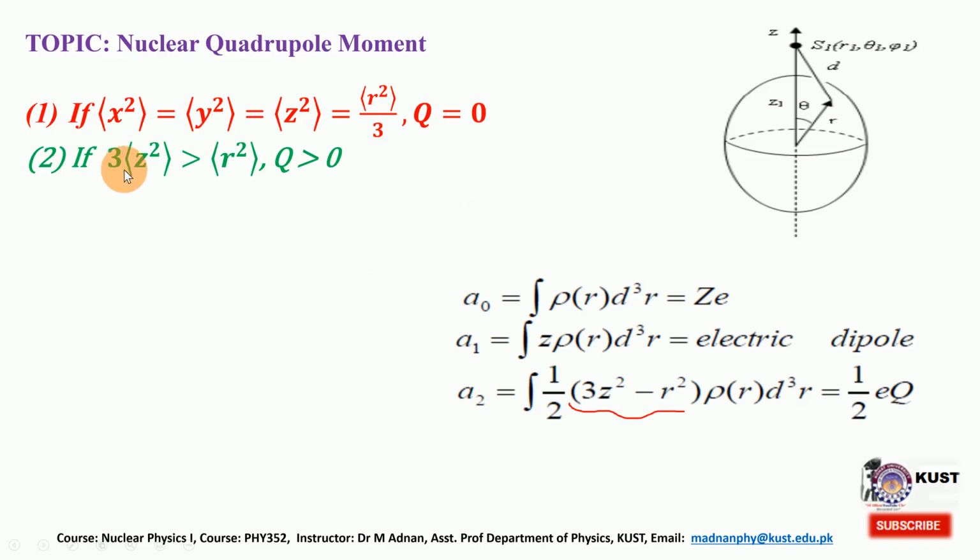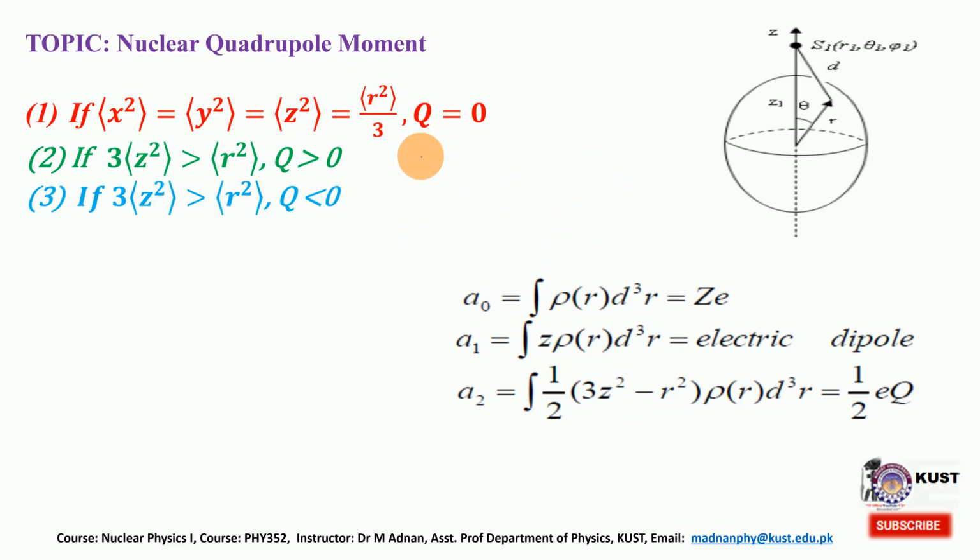Now if this 3z square is greater than r square, that is, this factor 3z square is greater than this r square, then overall this factor will be positive, so we will be having a quadrupole moment which is positive.